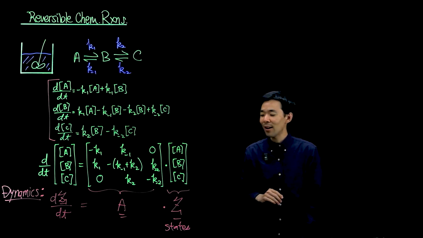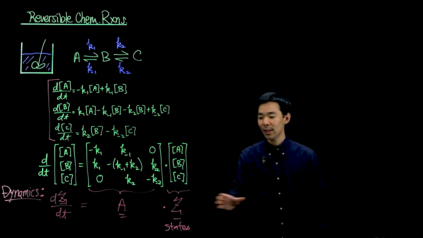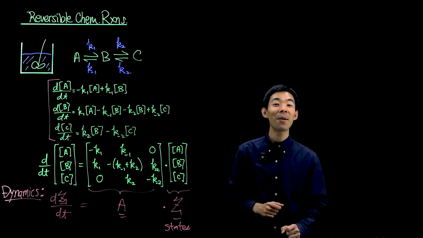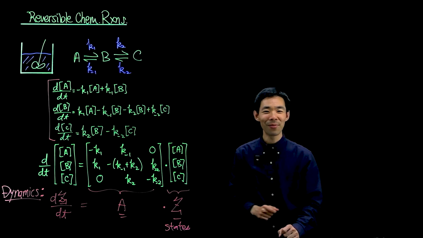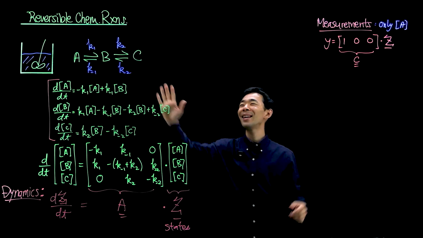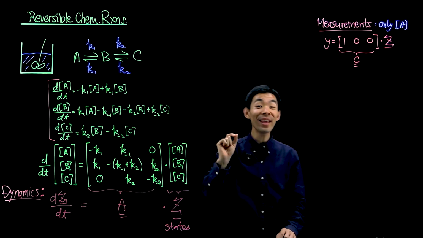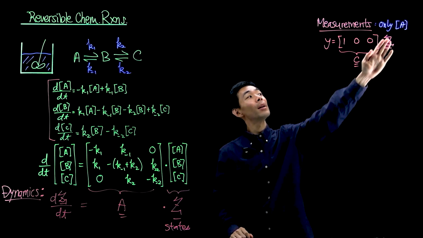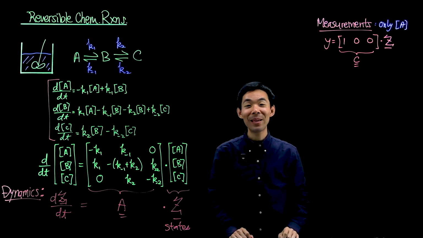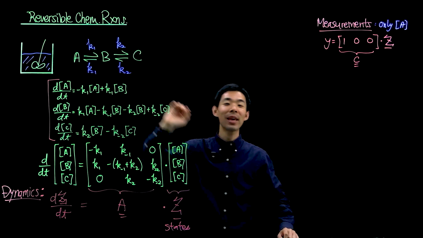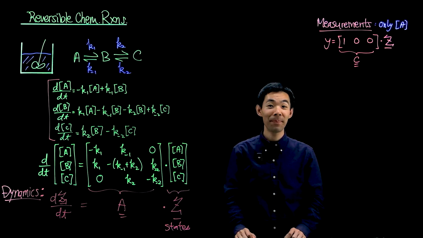Now, let's talk a little bit about measurements, because we have our states, we have our dynamics. The third component is our measurements. Let's write that down. Let's suppose that for whatever reason, inside of a reactor, you only had direct access or direct measurements to the concentration of species A. So you cannot measure B and you cannot measure C directly.